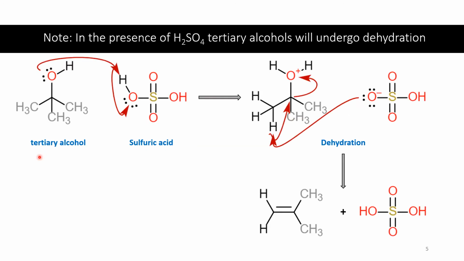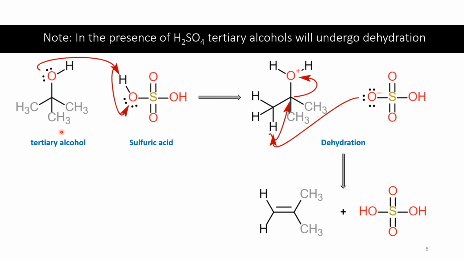However, we still want to remember this tertiary alcohol can react with sulfuric acid and undergo a dehydration reaction in order to produce the respective alkene molecule. So if I gave you a question asking, I mixed a tertiary alcohol with a carboxylic acid in the presence of sulfuric acid, will this undergo Fischer esterification?